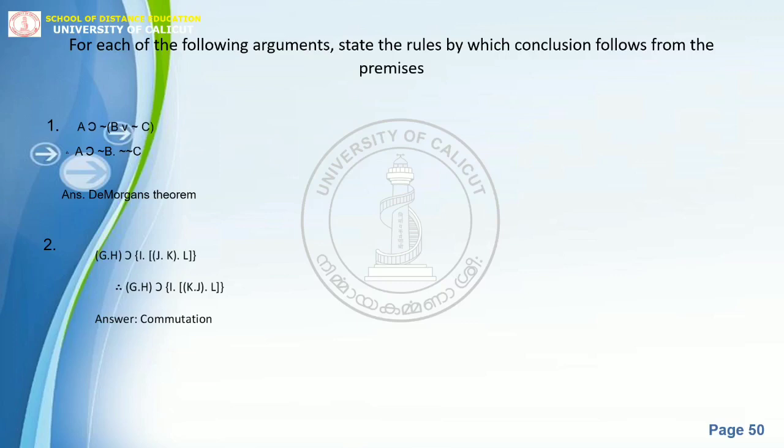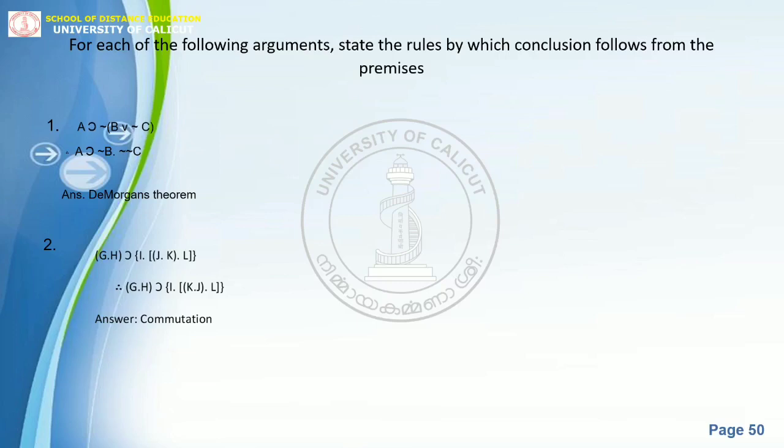So in the second problem, that is G dot H implies, in brackets, I dot, again bracket, in another bracket J dot K conjunction L, the bracket closes, then another bracket closes.